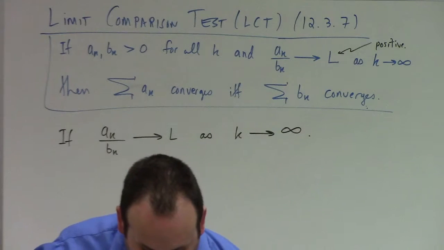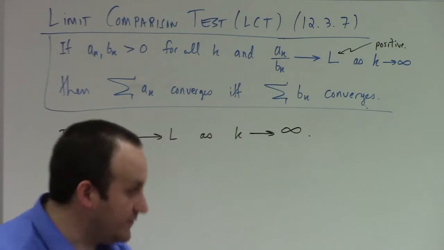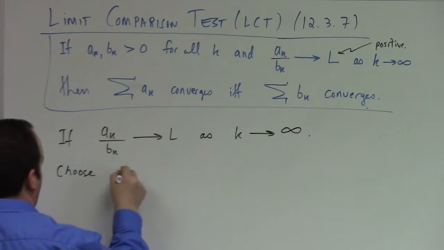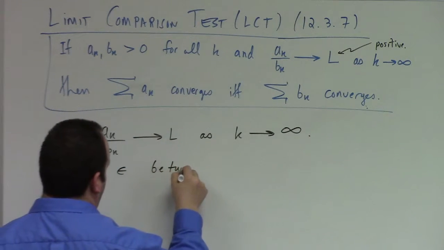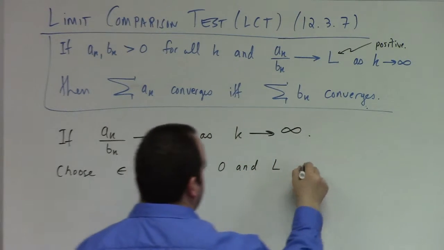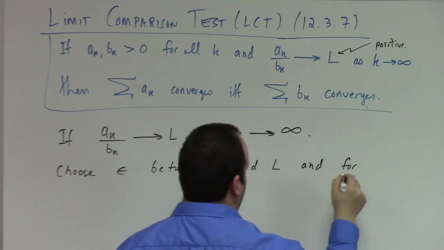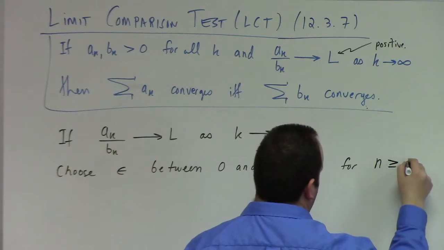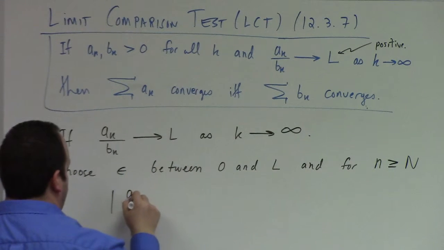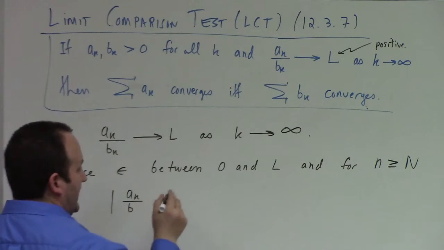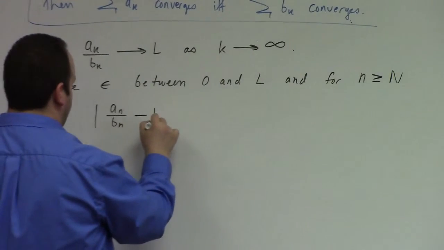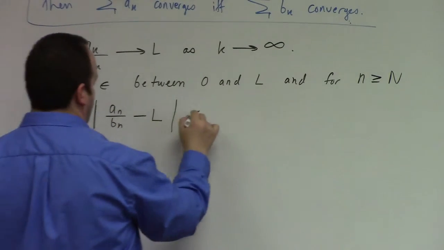That tells us that we can choose an epsilon between 0 and L, and for n greater than or equal to some N, we'll have the absolute value of a sub n over b sub n minus L less than epsilon, right?